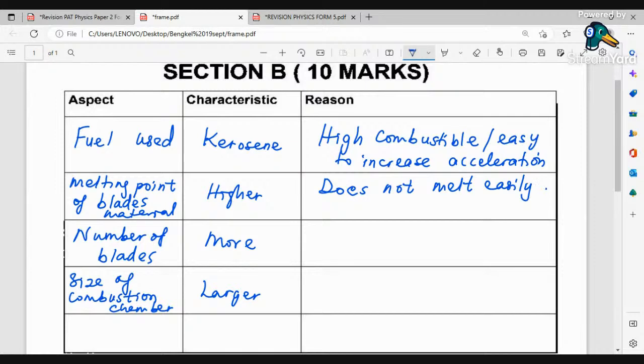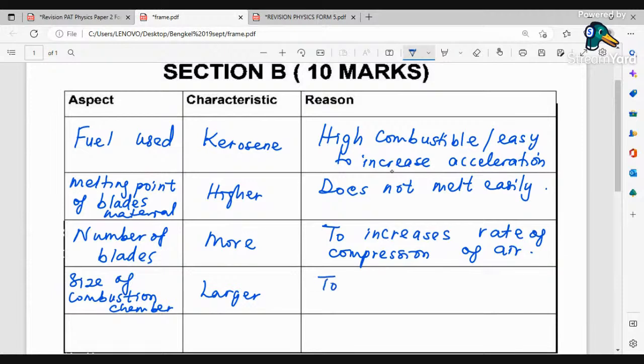Number of blades more to increase rate of compression of air. Size of combustion chamber is large to burn more fuel.